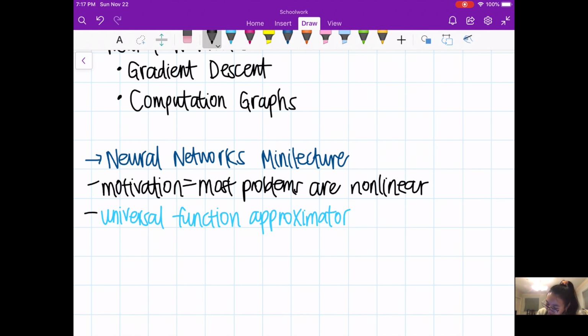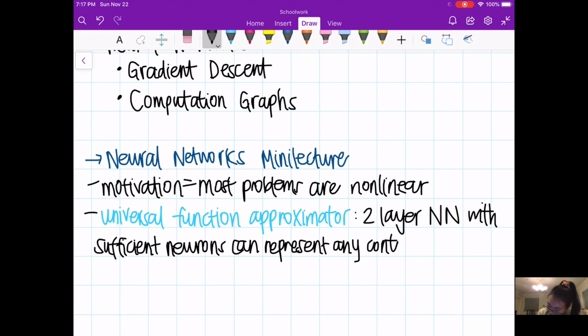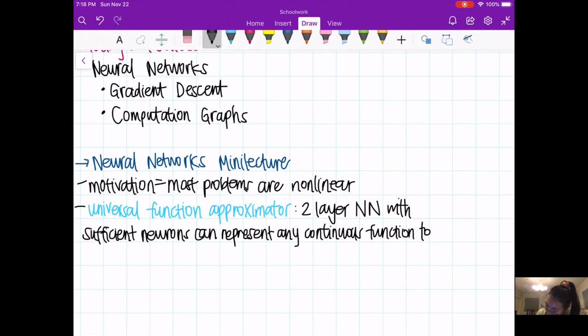And what that means is a two-layer neural network, which I'm just going to abbreviate as NN, with sufficient neurons can represent any continuous function to any accuracy.